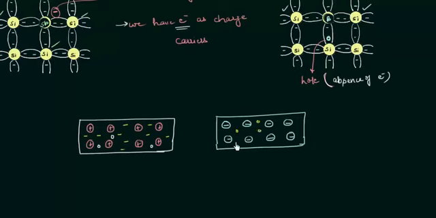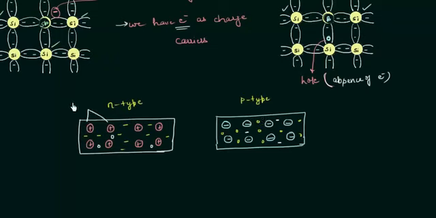So I will make so many holes like we made electrons in this case. This is n type and this one is p type, and also we have minority charge carriers as electrons in this p type. So this is how we will represent the n-type material and p-type material.